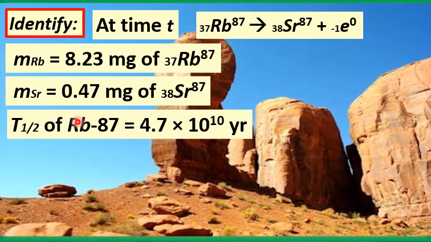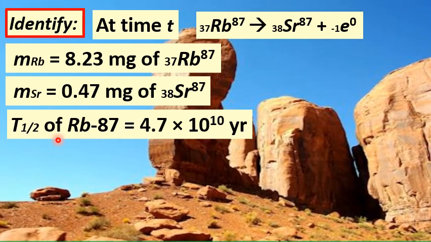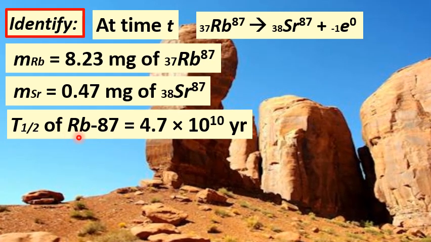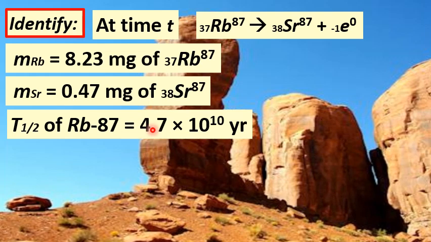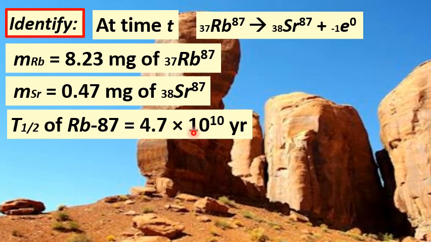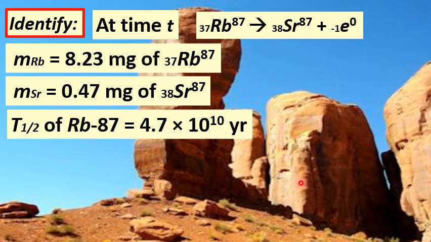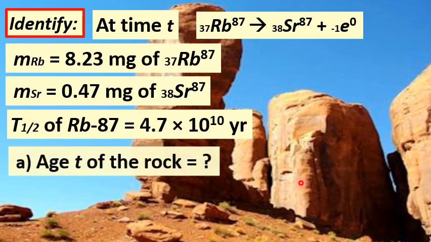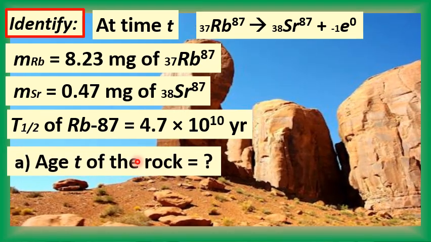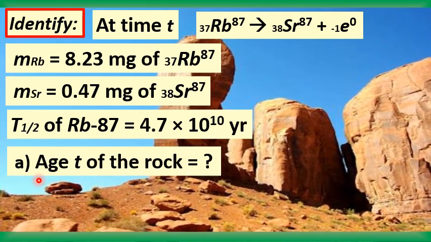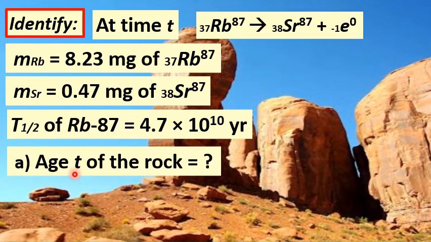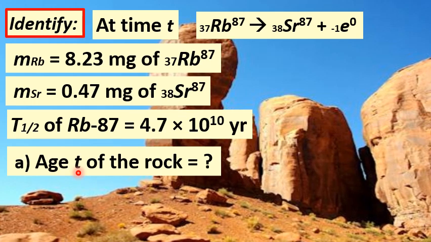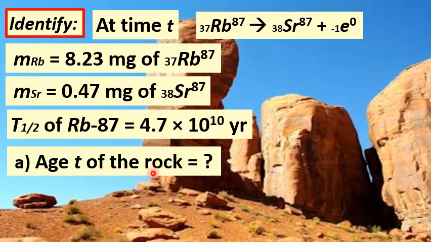Likewise, we are given the half-life of the radioactive isotope rubidium-87, that is equal to 4.7 times 10 to the 10th power year. And we are asked to compute the age, represented here by the time small t, the age of the rock.